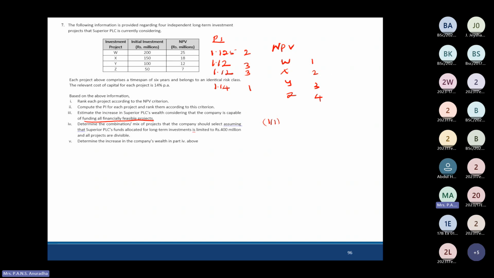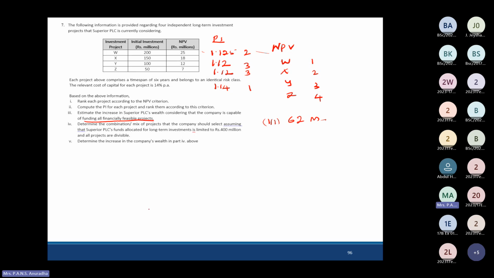So the increase of the wealth is 25 plus 18 plus 12 plus 7, which is 62 million. That is the total of these NPVs.